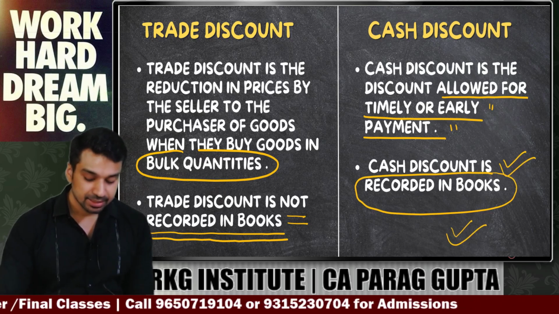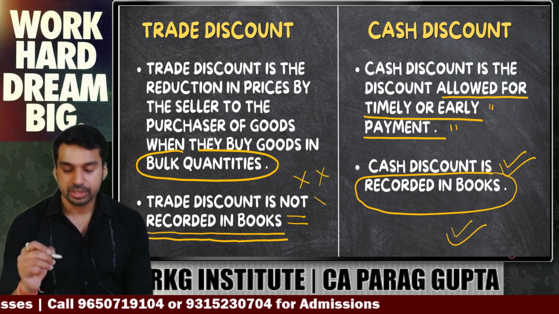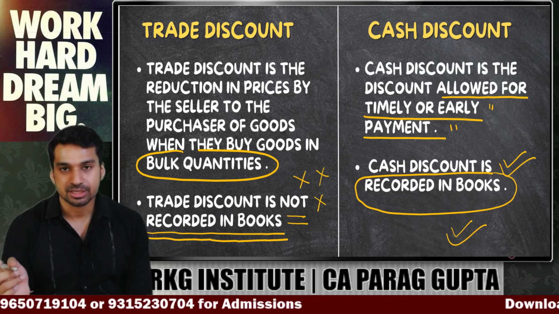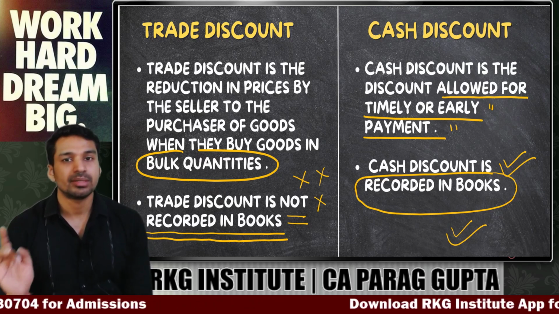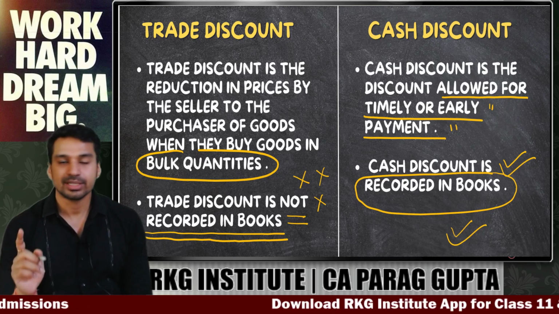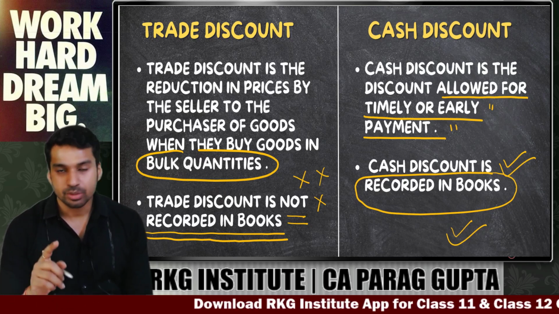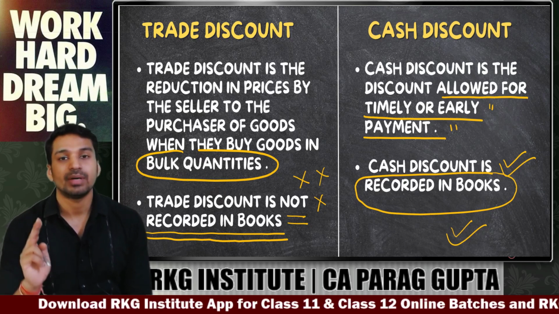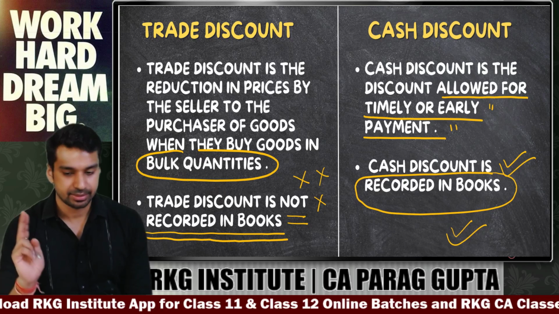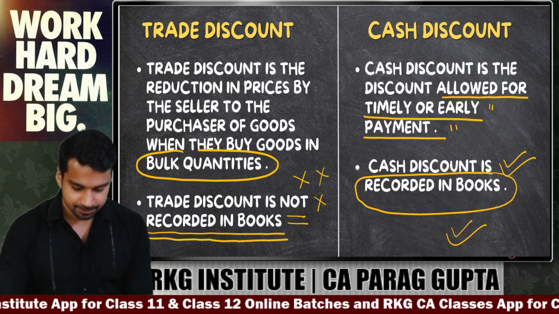But remember that trade discount is not recorded in the books like any other transaction. We will discuss this later in the chapters, but just focus on the terms right now. Trade discount is the discount you get for bulk quantities, and cash discount is the discount you get because of early or timely payment. So these are two types of discounts.